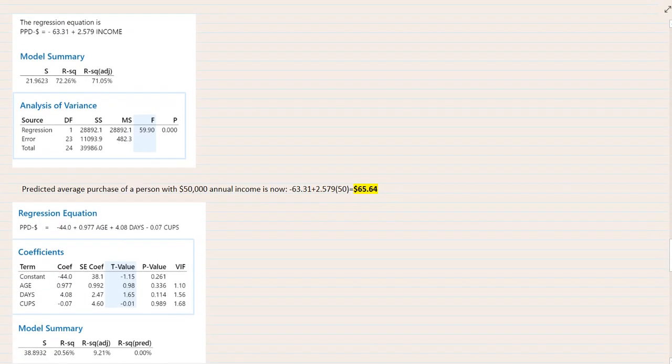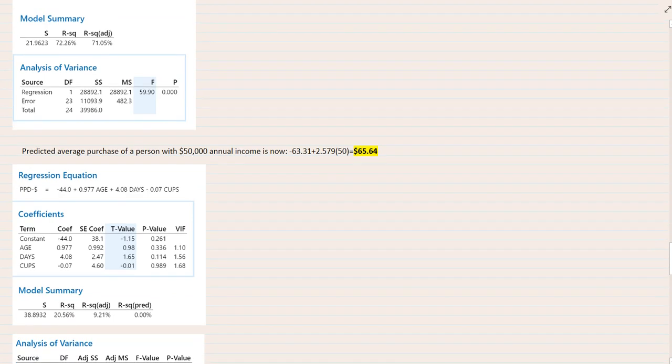Okay. And let's see. In here, I'm trying to see age, days, cups. Now, income, again, was the most significant predictor for this regression model. So what I did is I took income out and I put the other three in there, age, days, and cups. Remember, the most important information was income.